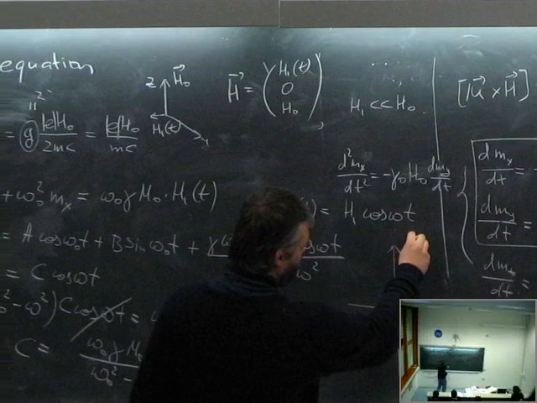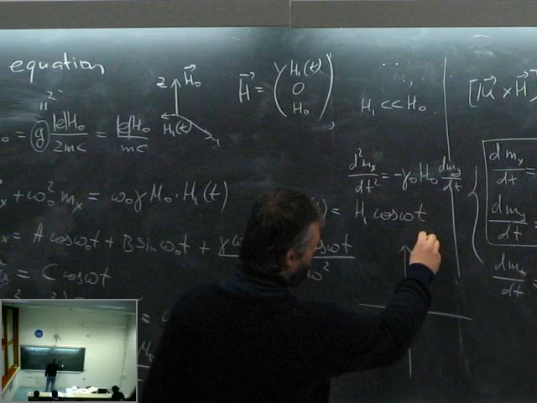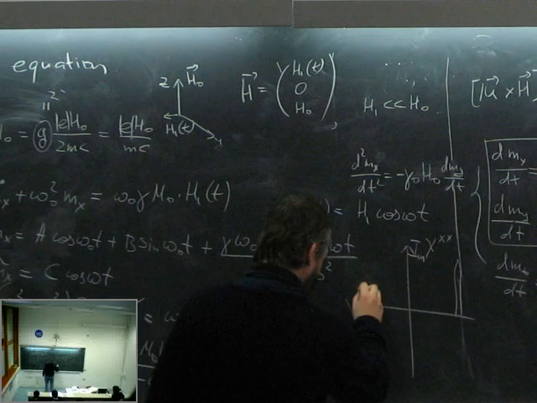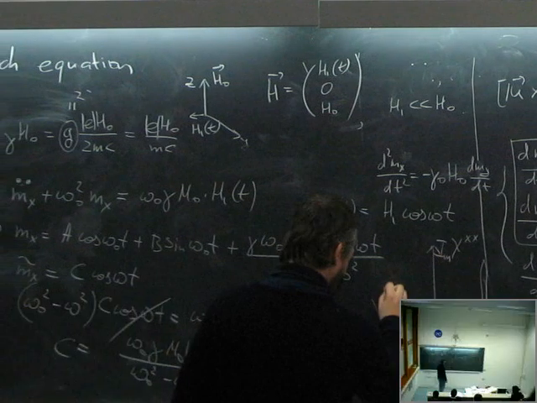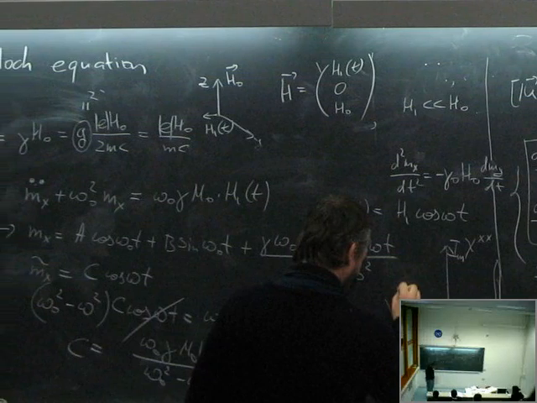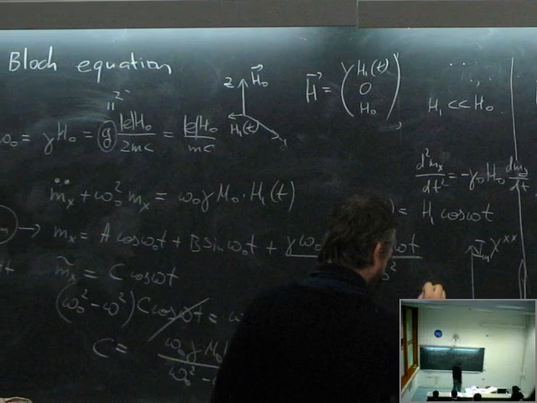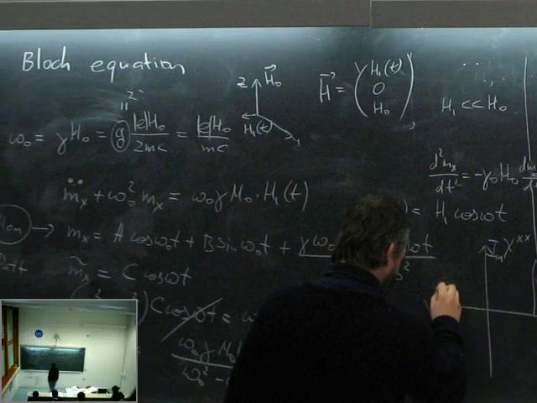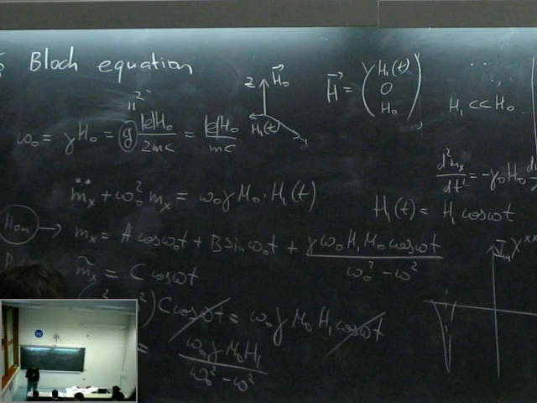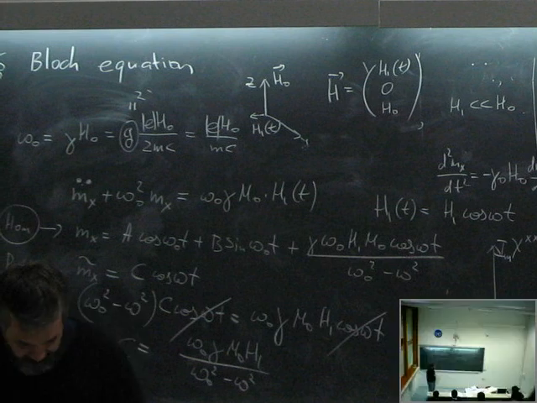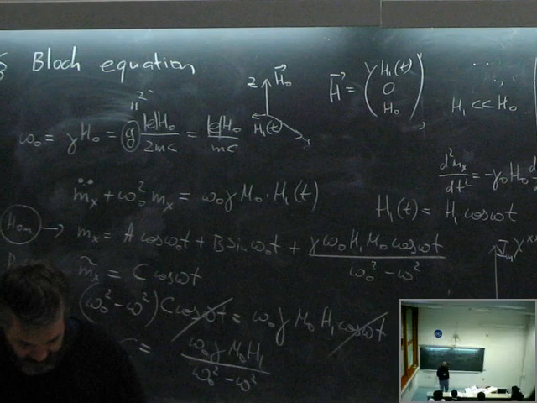And what happens if omega is equal to omega naught is that the imaginary part will consist of two delta functions. So your system is in resonance. And this is what is measured. This is one of the powerful tools to measure spin relaxation effects.